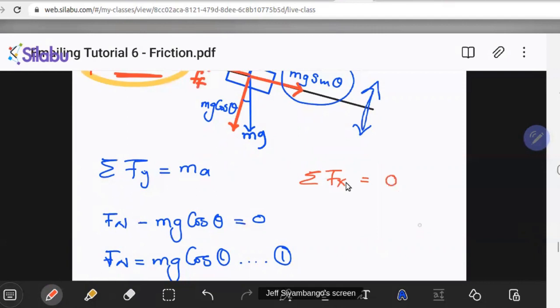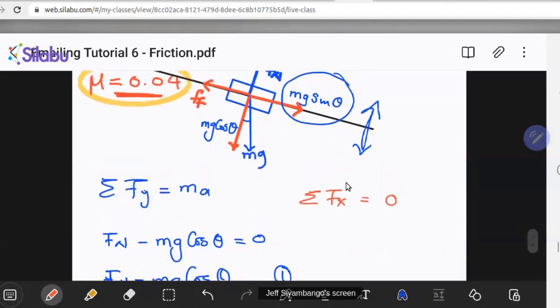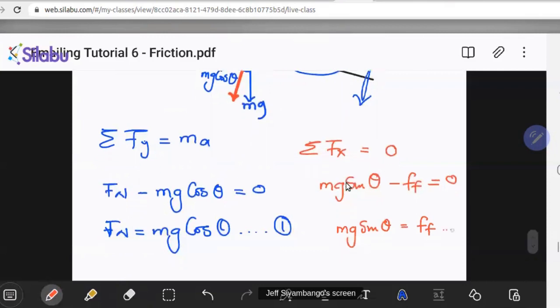Because of that, if we take down the inclined plane to be positive, we're going to have mg sine theta, the positive one, then minus the force of friction. This will have to be equal to 0. So that in the end, we can say mg sine theta is equal to the force of friction. So this becomes equation 2.